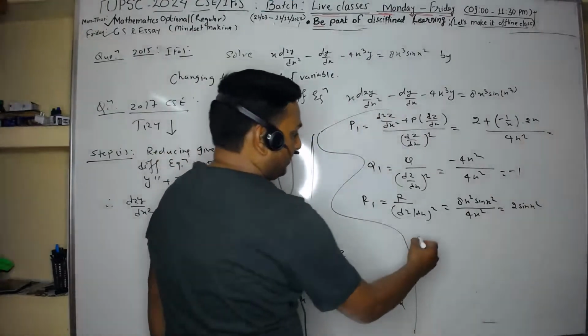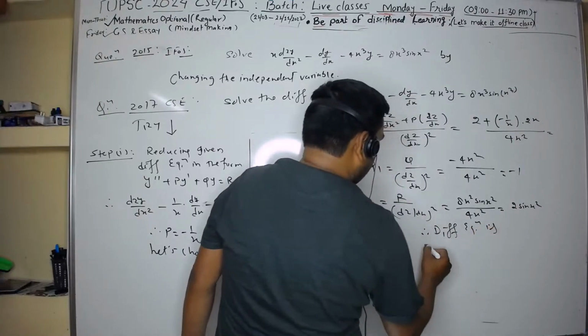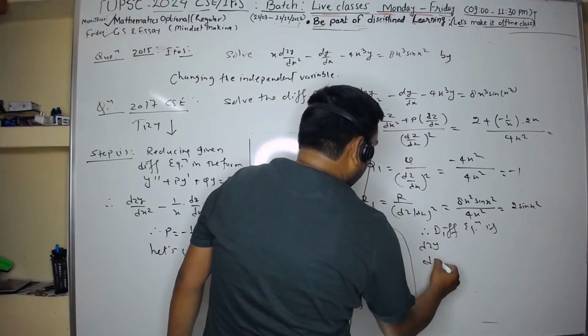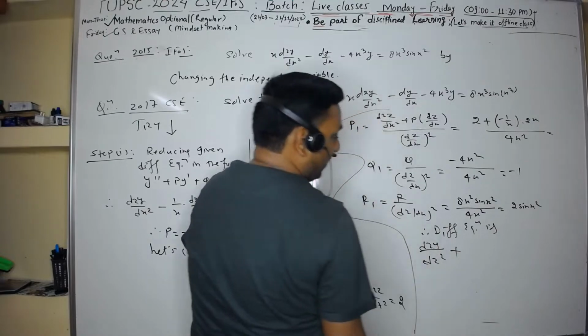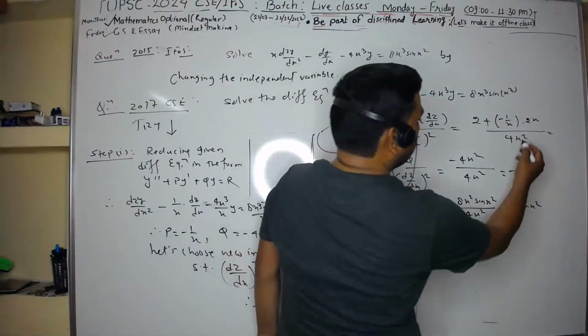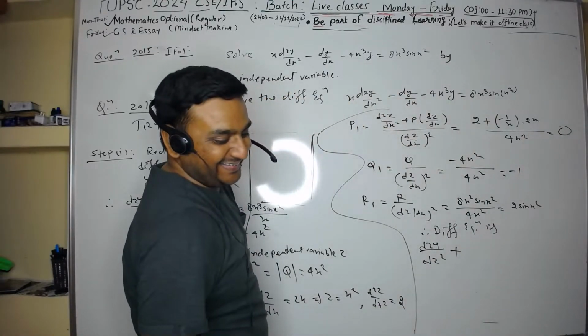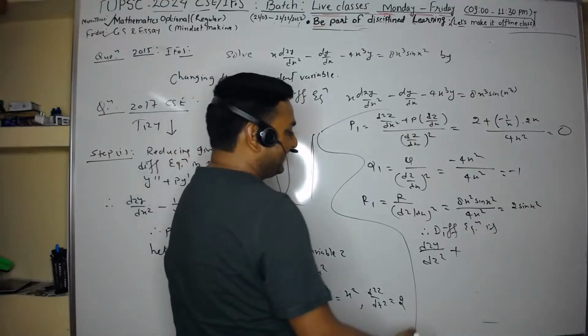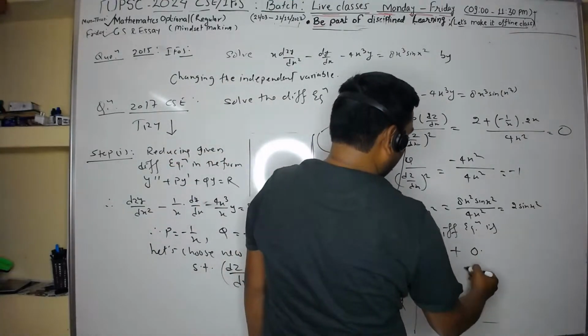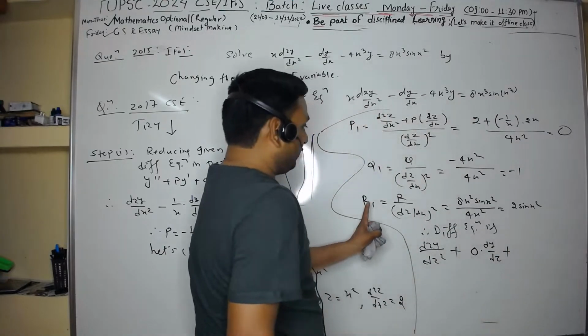Right, my dear? So differential equation is d2y over dz square plus p1. p1 का वैल्यू क्या मिल गया था आपको? This x got cancelled. Plus 0 into dy over dz. q1 का value क्या मिल गया था?